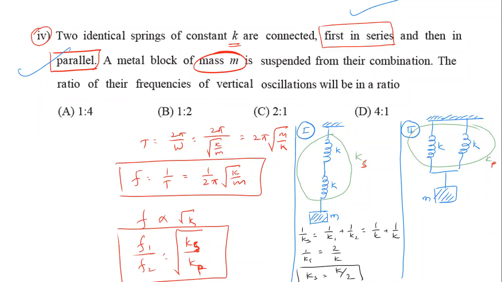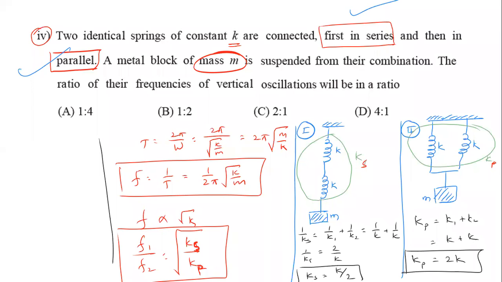For the second combination, the force constant in this parallel combination is K1 plus K2. K1 is K, K2 is K, so K plus K is 2K. So this force constant is 2K.